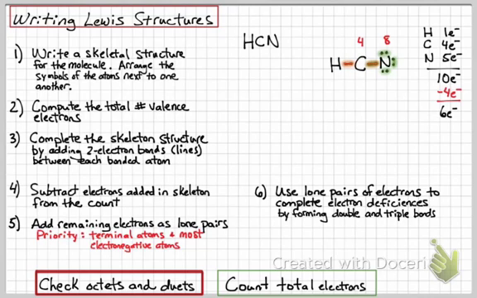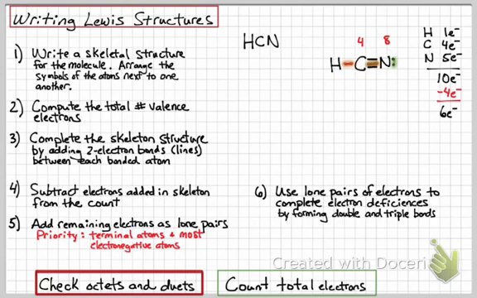So nitrogen can share 2 sets of lone pairs with carbon. And that makes 1 new bond. Erase that. And that pair is moved in to make a bond, and then the other pair will be moved in.